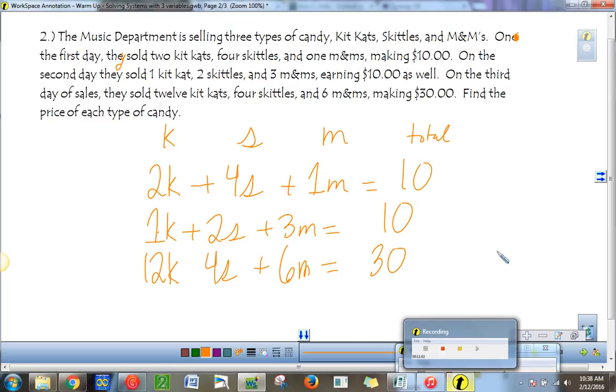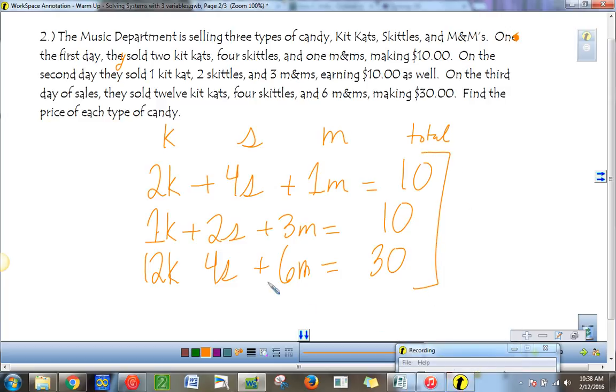How do you put this in your calculator? The matrix. This is your matrix. Do you remember how to do the second matrix, right? You got to go into matrix, and you got to go over to edit. And you want a 3 by 4 matrix.